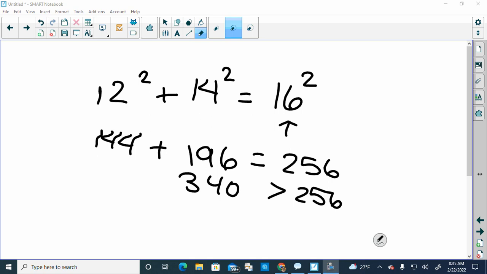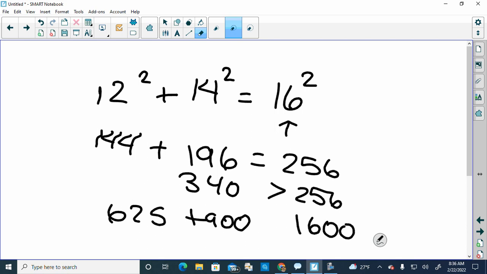Okay, so 25 squared. What'd you get for 25 squared? I think I added it. That's okay. What'd you get for 25 squared? 625. Okay, so 625. Well, 30 squared you had before, so 30 squared is 900. Okay, and then squaring your 40, 1600. Okay, add those two together.